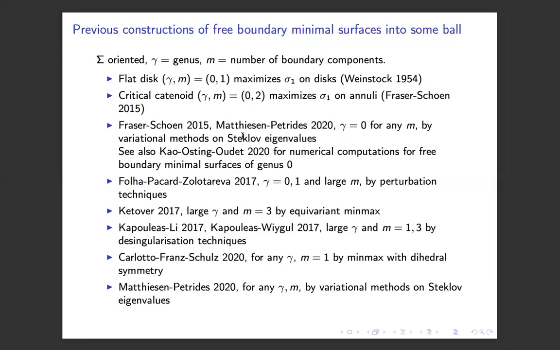And by variational method, we are able to build free boundary minimal surfaces. And Cao, Hosting, and Ude computed numerically these surfaces of genus 0. Then you have other constructions which do not depend on eigenvalues.